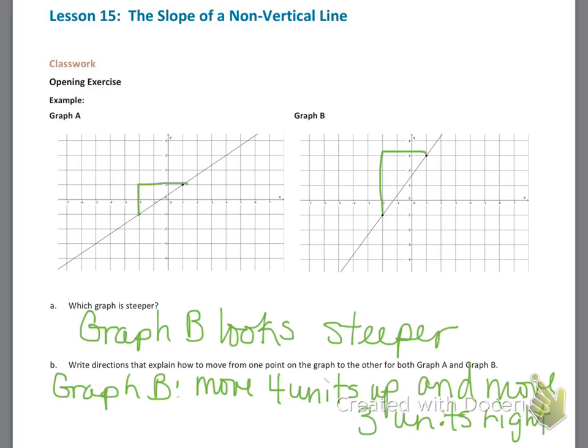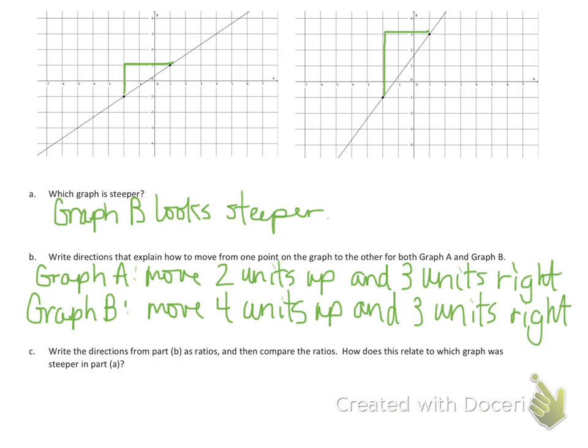Okay, let's look at part C of this exercise. Part C says write the directions from part B as ratios and then compare the ratios. How does this relate to which graph was steeper in part B?